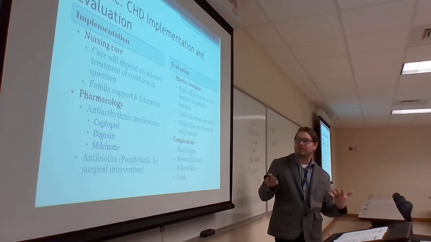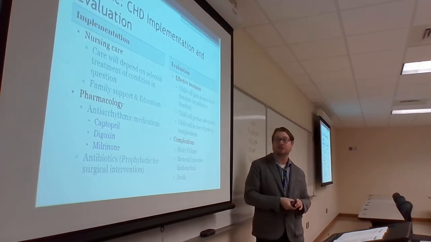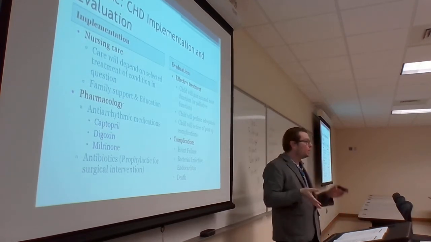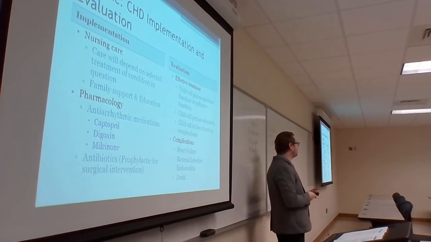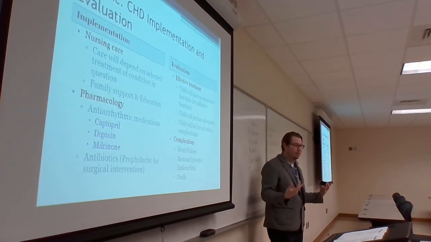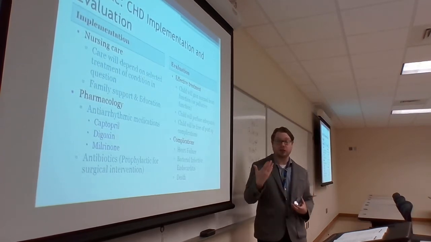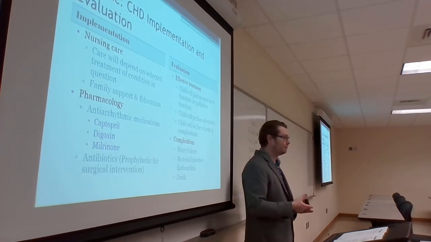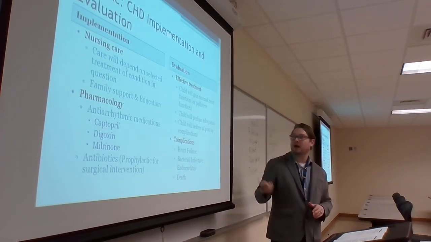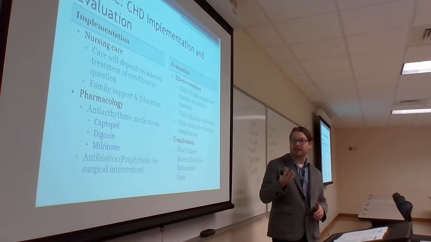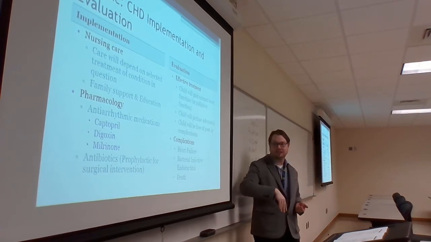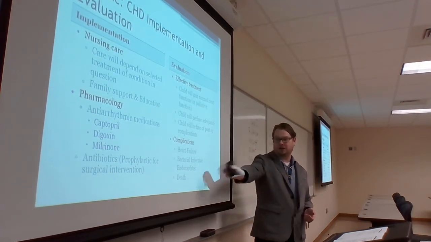Okay. Effective treatment, we're going to gain normal heart function or palliative function. We'll talk a little bit about the differences between those two things. Some heart defects we can ultimately cure. Others we're just going to have to do our best, right? Child's going to perfuse adequately, free of post-op complications, which are unfortunate, right?